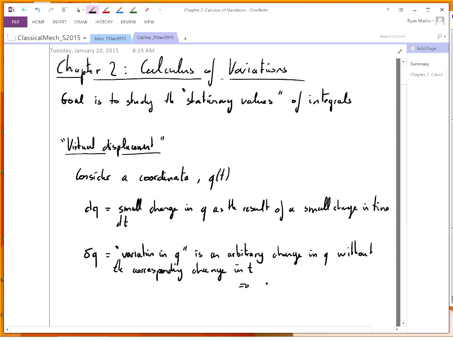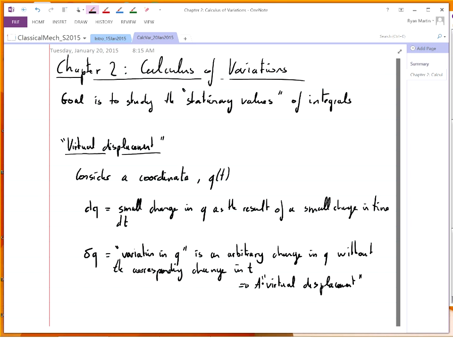So we call that a virtual displacement. In some sense, it's an unphysical change in the variable Q.